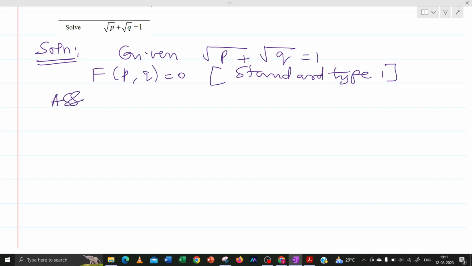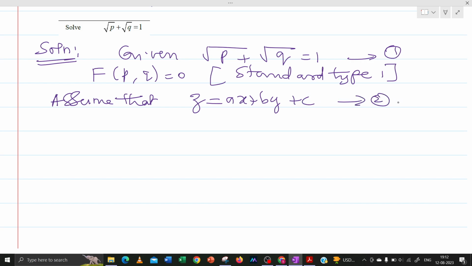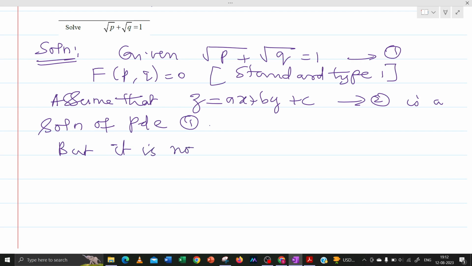Assume that equation number 1, z equal to ax plus by plus c, is a solution of this PDE. Okay, but it is not the complete integral.